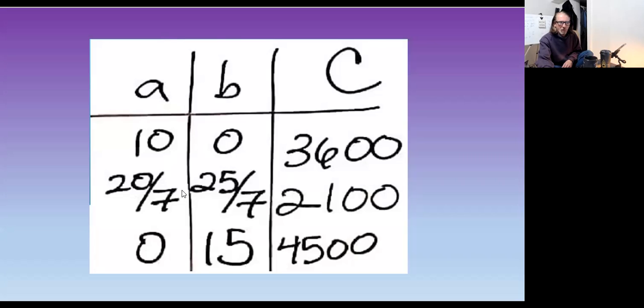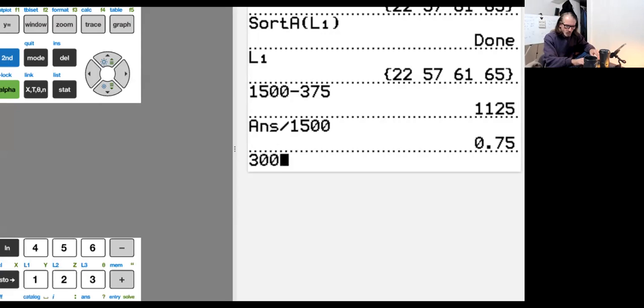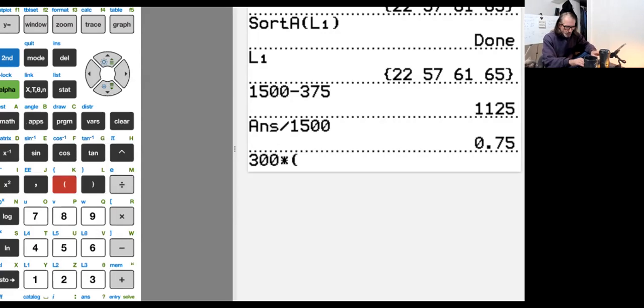And then this, let me bring up a calculator. I could enter this two different ways. 300 times the 27ths. There we go. With parentheses around that. May or may not be necessary, but just in case, putting those parentheses.